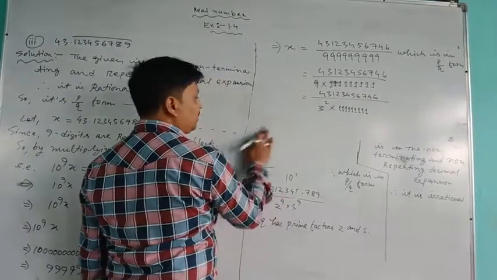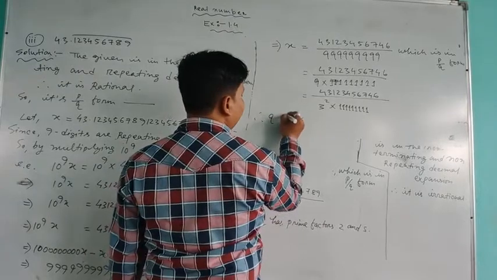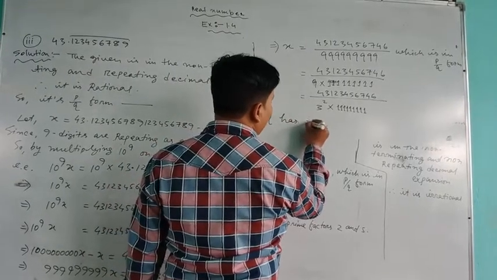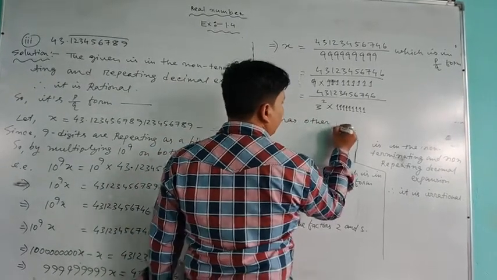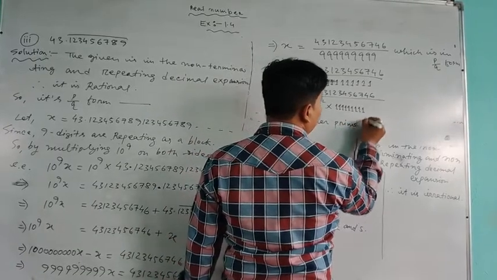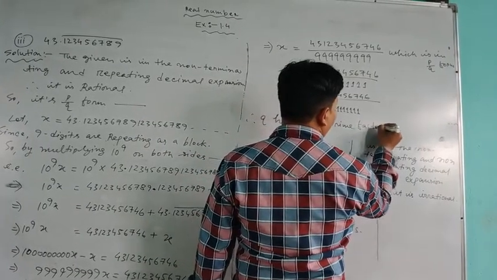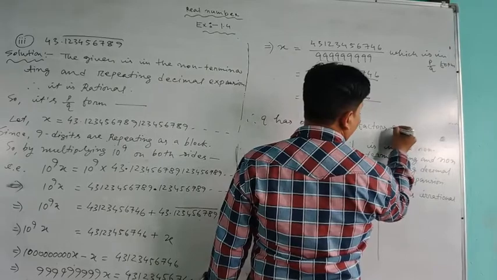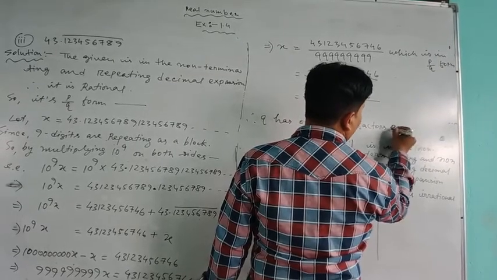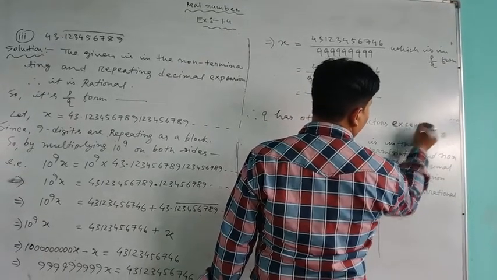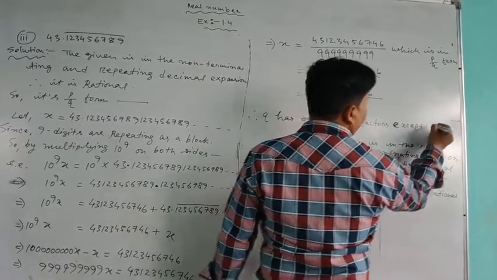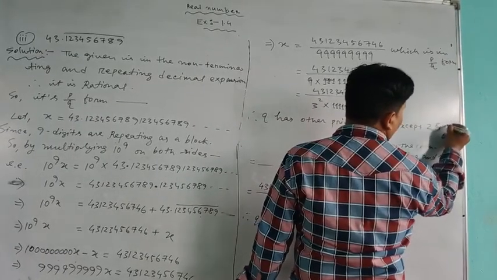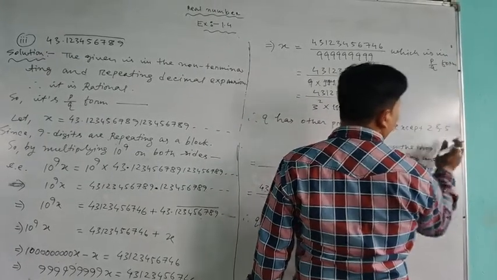So we can write like this: therefore q has other prime factors except 2 and 5.